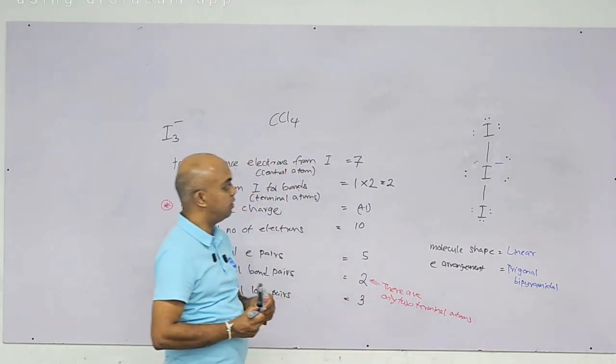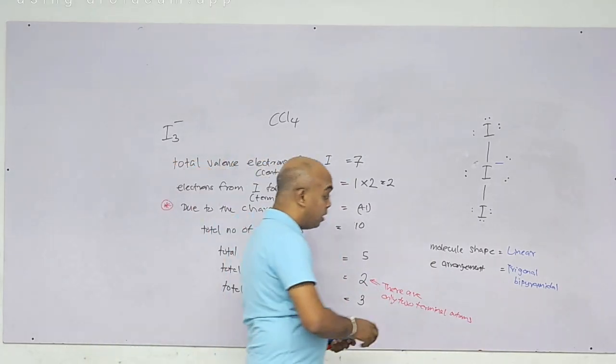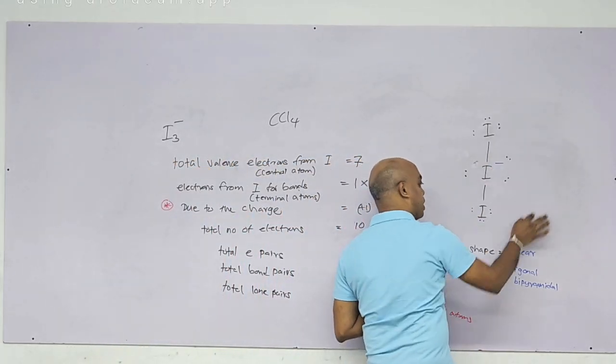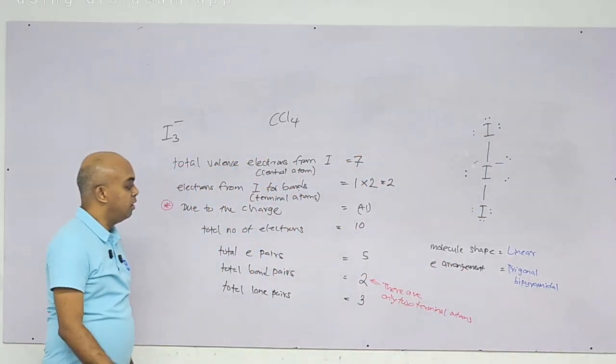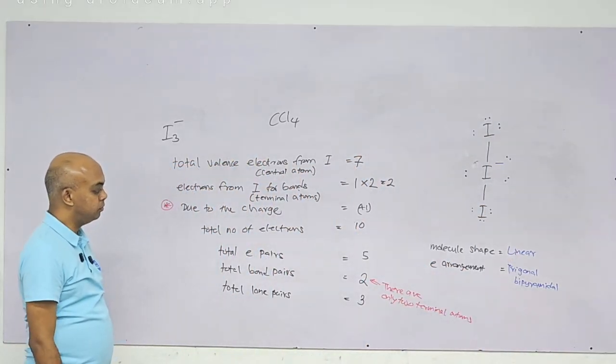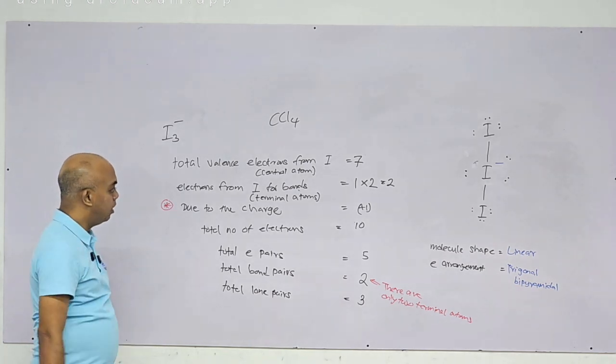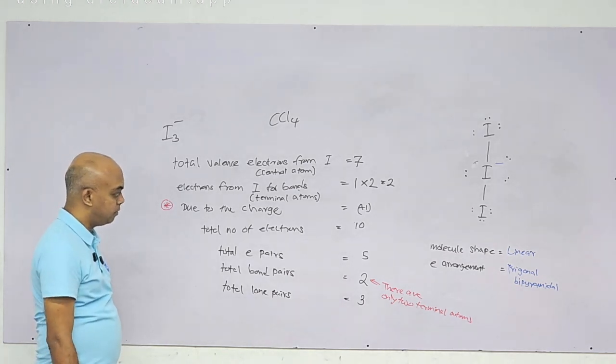So the minus charge is on the central I, or you can take out the square brackets and put it as minus. So this is I3 minus.